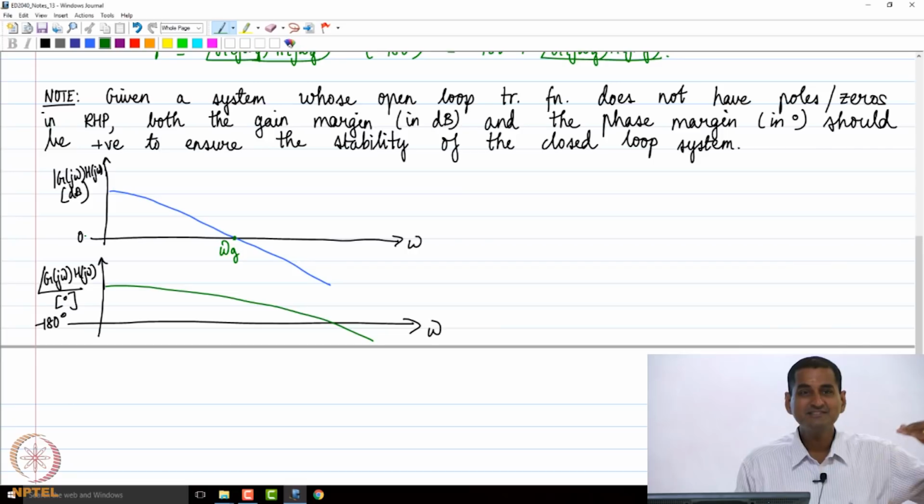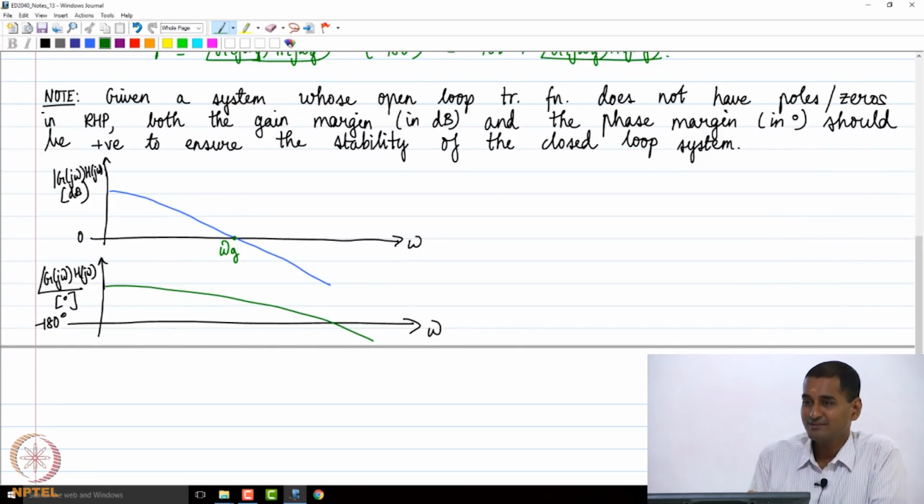In this case, since I have taken this value as the 0 decibel, to be graphically consistent, that is where omega g will be. Now what about omega p? It is the place where the phase becomes minus 180 degrees. Where will it become minus 180? Here. Now how can we get the gain margin and the phase margin?